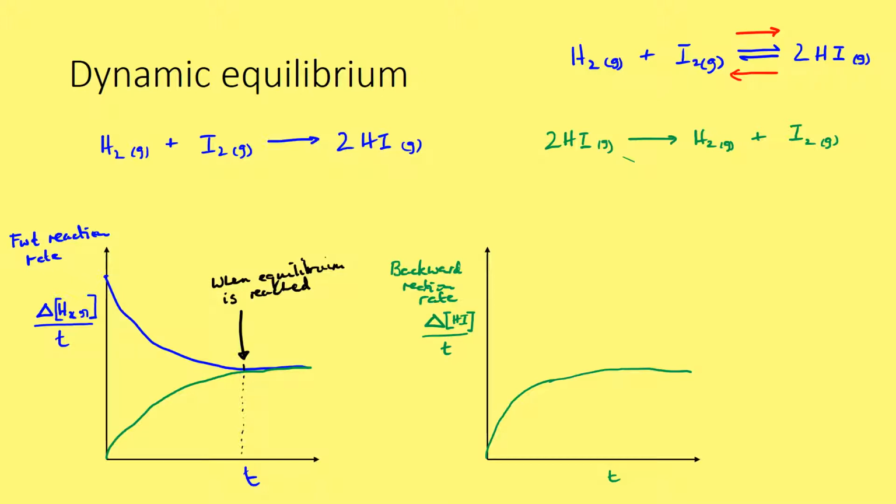And one last thing to clarify is that if our forward reaction rate, which is the rate of change of concentration of our reactants, is the same as our backward reaction rate, which is the rate of change of concentration of our product, then if they're both the same, then by definition our concentrations are not changing. So let's just write that down to make it exactly clear.